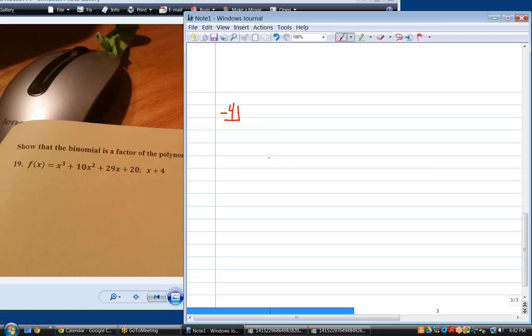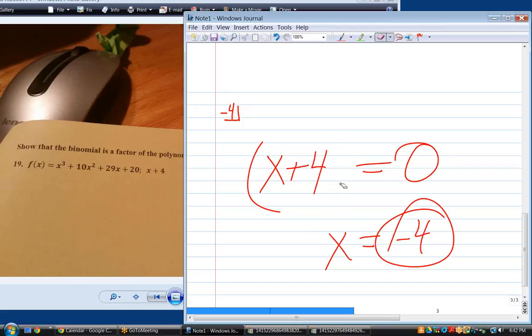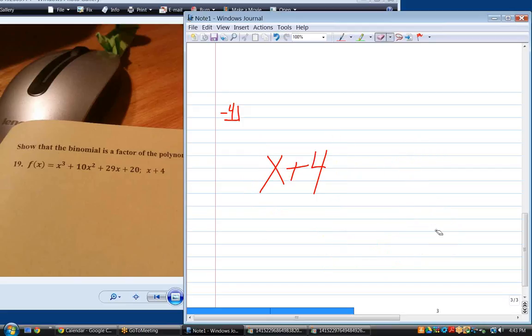If you're going to use synthetic division, and if x plus 4 is a factor, then x plus 4 is equal to 0, and therefore the solution must actually be -4. The other way to think about synthetic division is to realize that if we were doing long division, we would do this, right? Yeah.